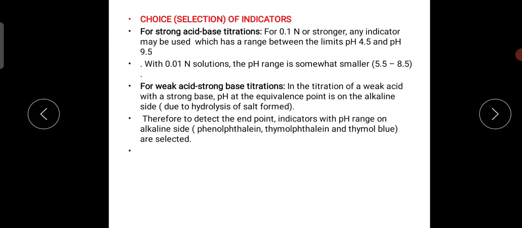In the case of weak acid and strong base titrations, the pH will be on the alkaline side. It is due to the hydrolysis of the salt. So we should select indicators on the alkaline side like phenolphthalein, thymolphthalein, thymol blue, etc.